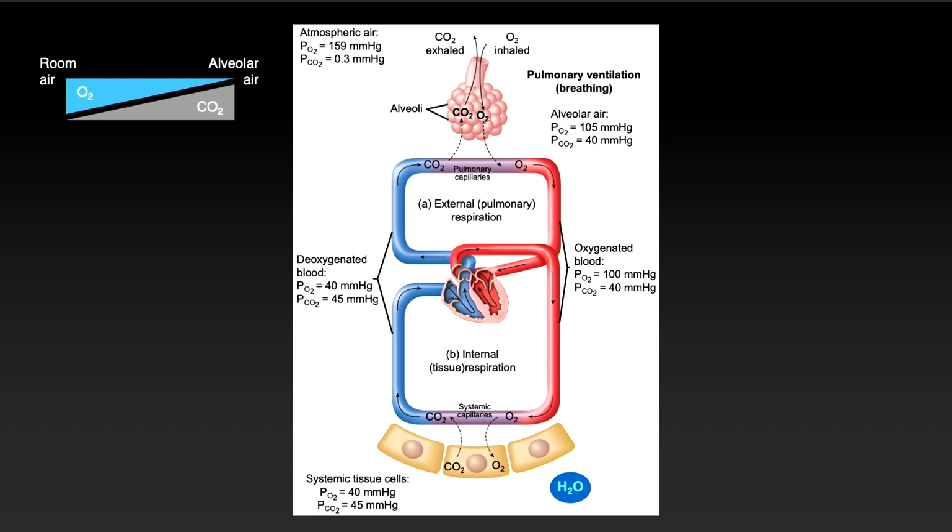All the oxygen you breathe in ends up as water in the body. The reactions behind that we won't talk about in depth. You can ask your biochem prof or your metabolism prof when you get there, but all the oxygen that you take in ends up as water.